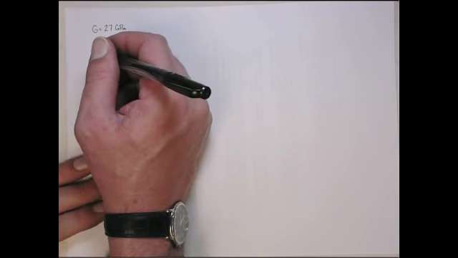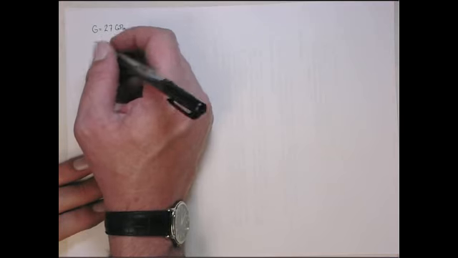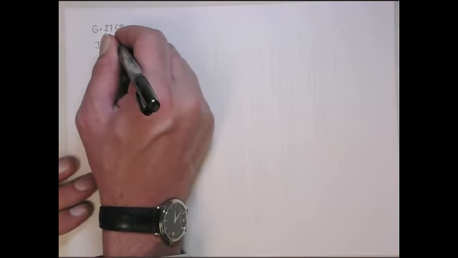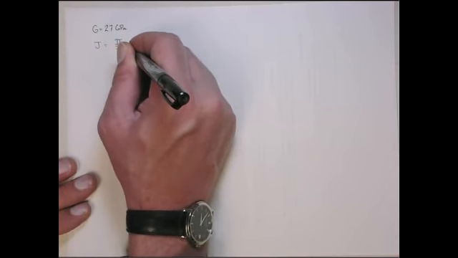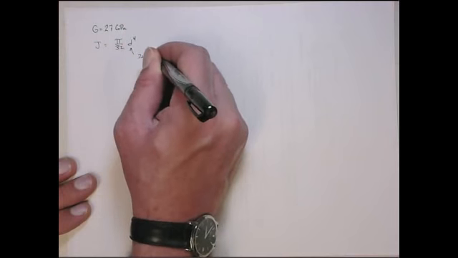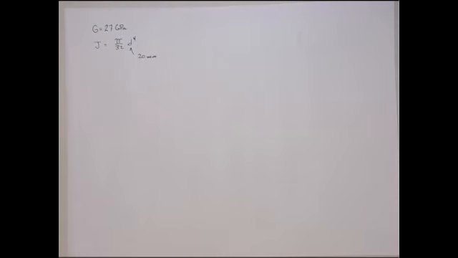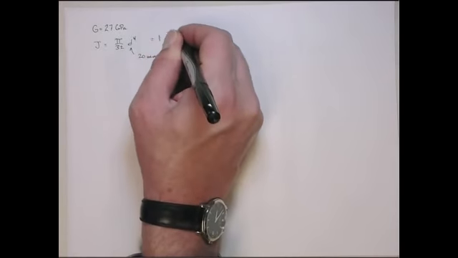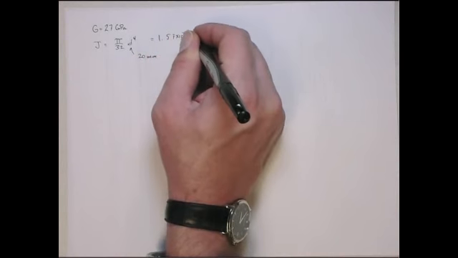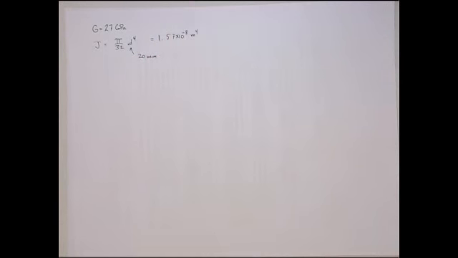The diameter is 20 millimeters, so that's going to give me 1.57 times 10 to the minus 8th meters to the 4th. That's J.